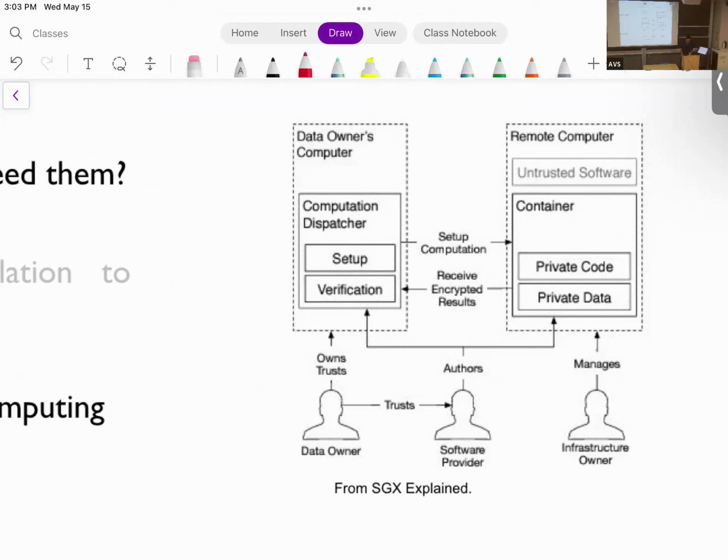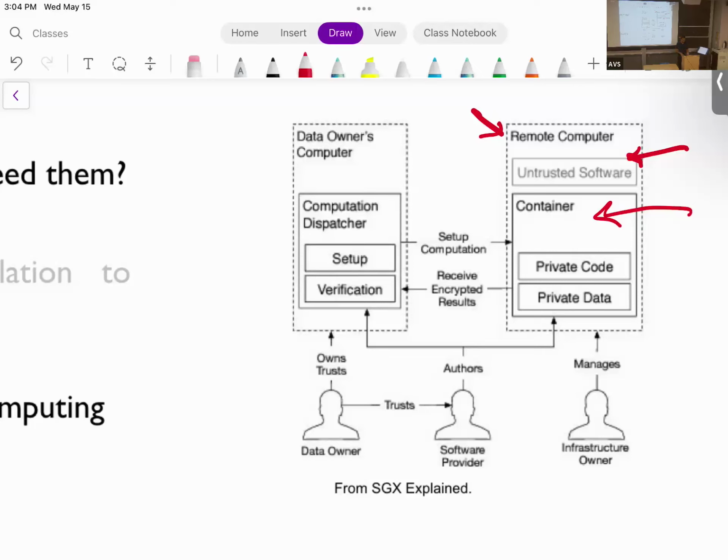So the idea here is that if this is the remote computer and I don't trust anything about it, what I can do is create a smaller environment within this remote computer, quote unquote, the TEE. And within the TEE, I can create what we call an enclave or a container, such that I get some guarantees from the container itself that this is trusted. In the remote computer, I have tons of untrusted software, including the operating system, all the applications, and so on.